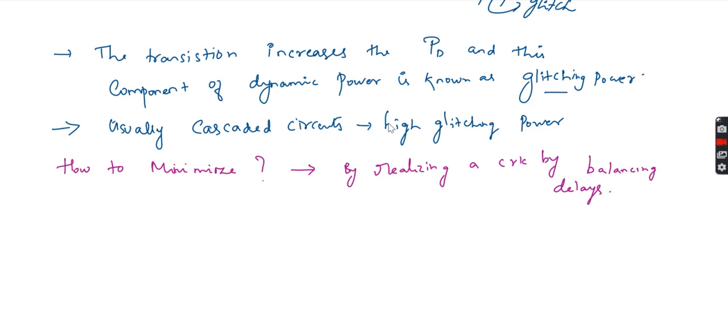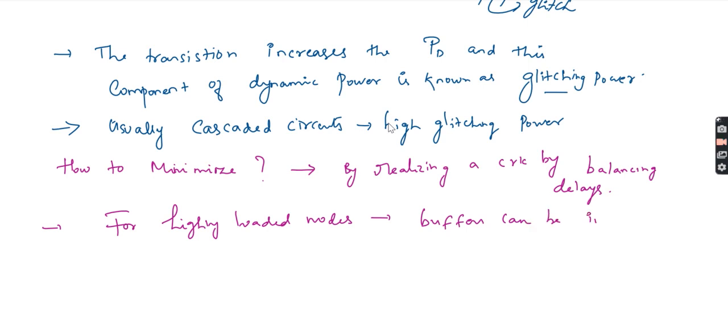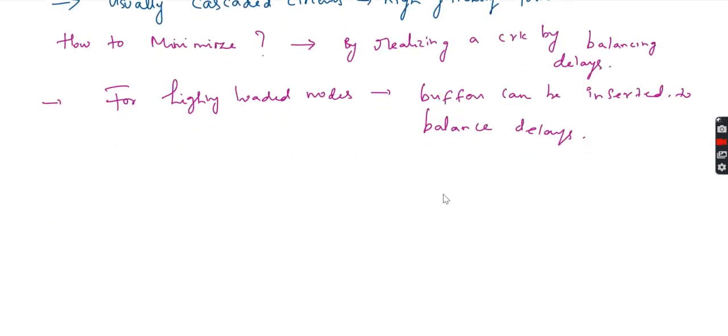For highly loaded nodes, buffers can be inserted or introduced to balance delays. So very important thing, you have to avoid the cascade implementation if possible to minimize the glitching power.